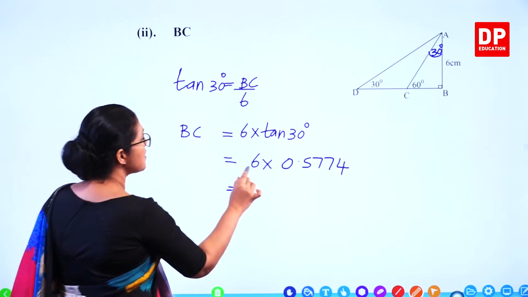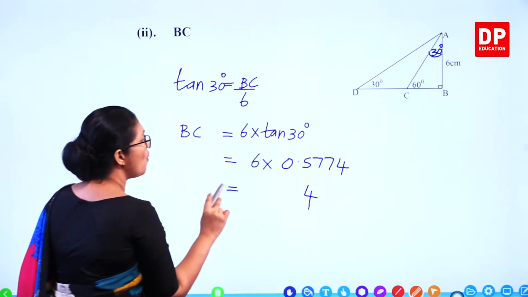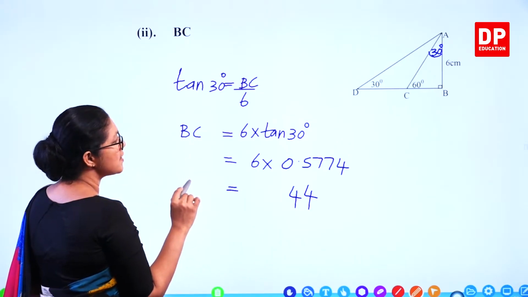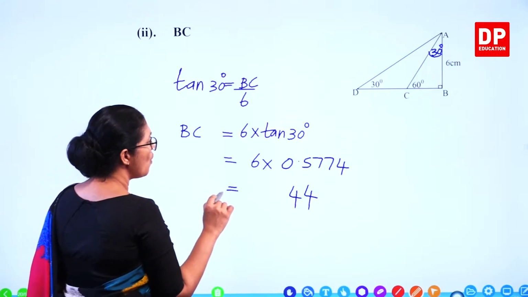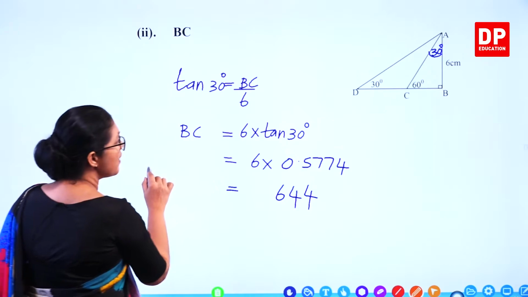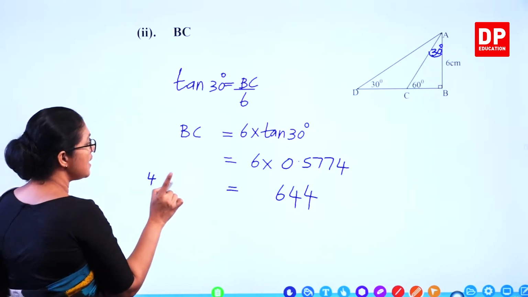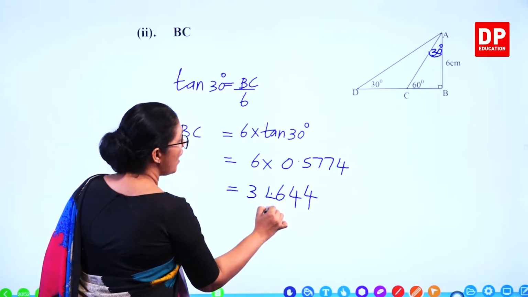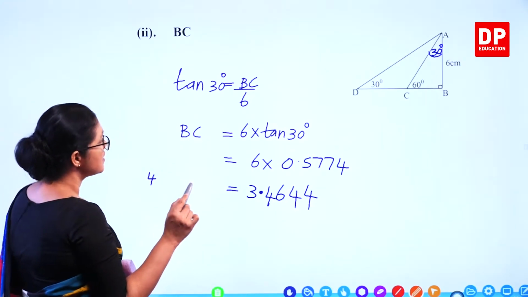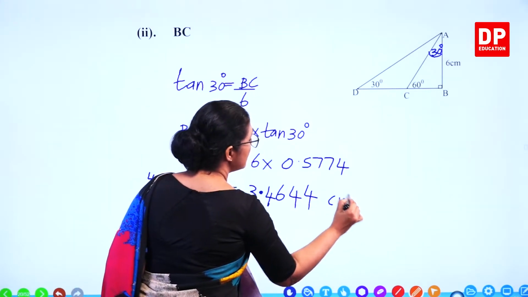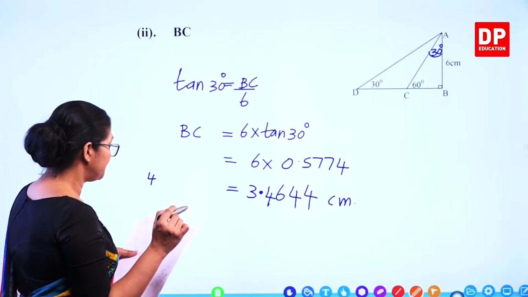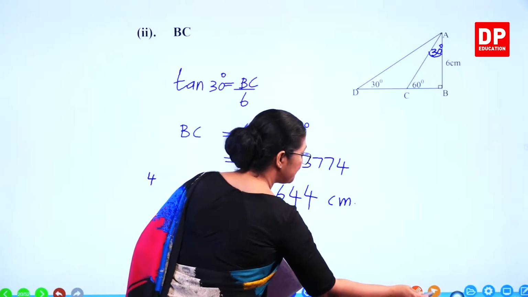So you get 6 times 4, 24. 6 times 7, 42 plus 2, 44. 6 times 7, 42 plus 4, 46. And 4 remaining, 6 times 5, 30, 34. And 4 decimal places. So you get 3.4644 centimeters as the BC length. So how many marks for that? You get 3 marks.